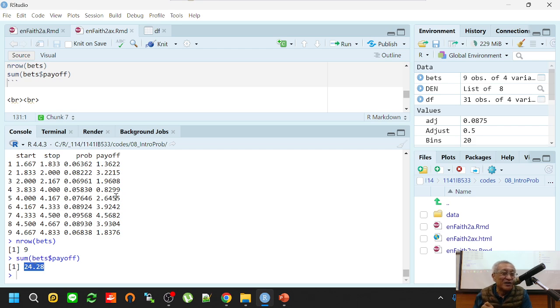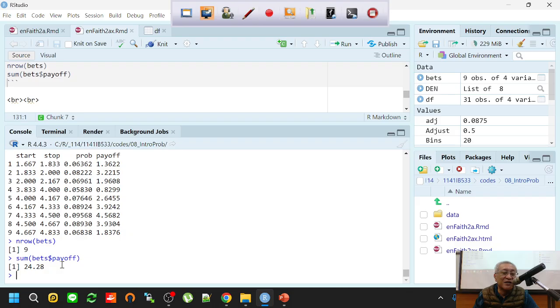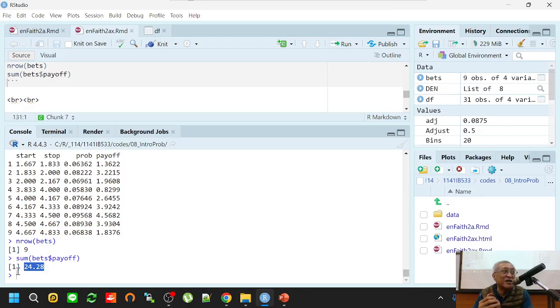So first of all, you need to choose how many bets you want to place, and then you can calculate. If you want to bet 9, then you have a cost of $45, some kind of investment. But with this $45 of investment, you can expect a net expected value of 24.28.